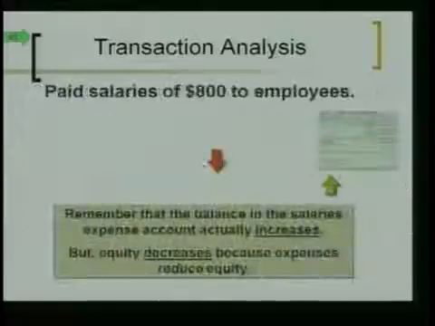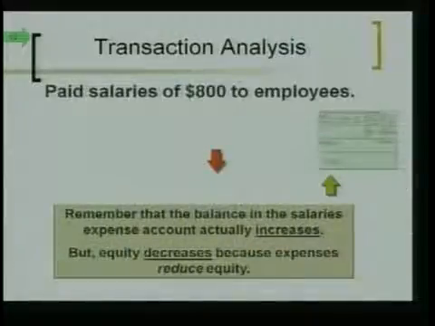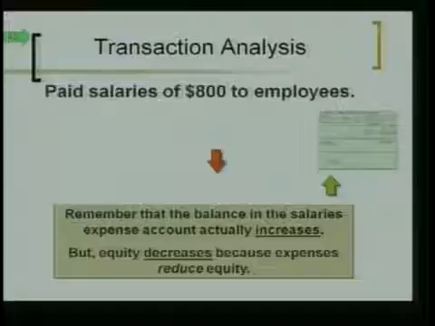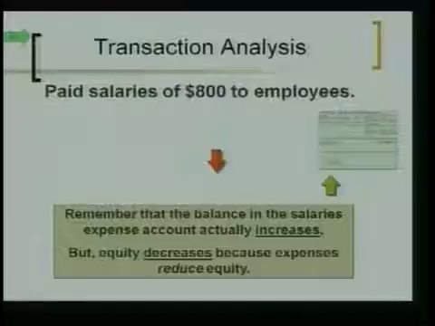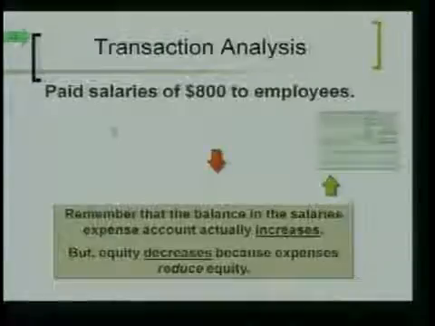All right, let's take a look at the next transaction. We paid salaries of $800 to employees. Now, what is this? This is an expense. Now, I want you to remember, expenses are one of the things that as they increase, owner's equity decreases, right? Okay, so how does this look?